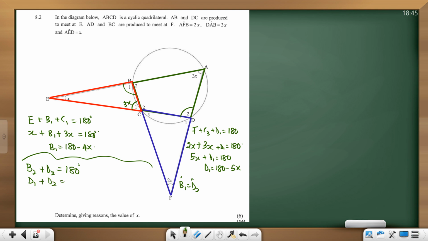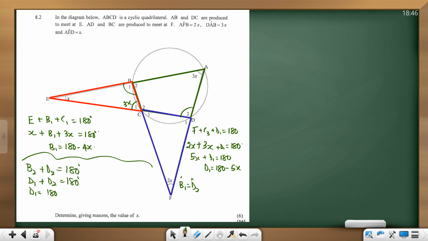We're here. And then, from that, sir, I made D1 the subject of the formula, and so I got 180 minus B1. Huh? 180 minus B1? Wait. We said what? You said D1 plus D2 equals what? 180.